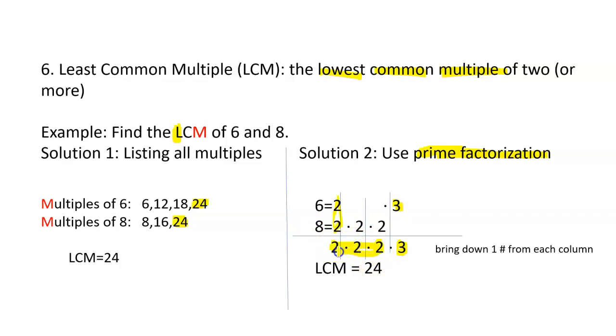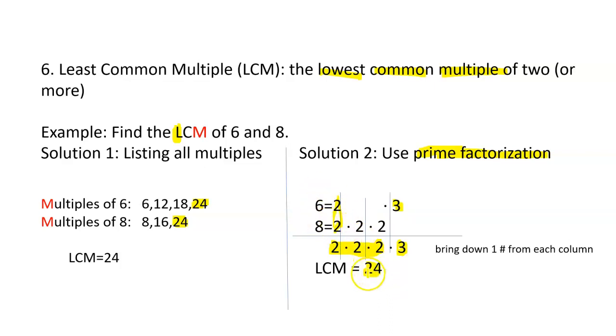So the first 3 2's give us 8, which is part of 24. And the first 2 and the last 3, we multiply them to get 6, and that is also contained in 24. So that way we guarantee 6 and 8 are both contained in 24. So that makes 24 a common multiple of both 6 and 8.